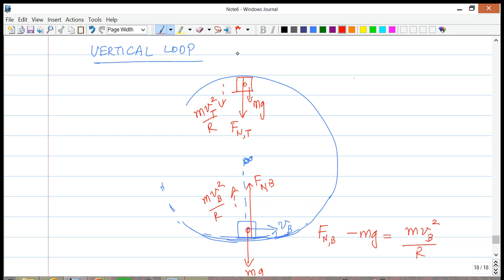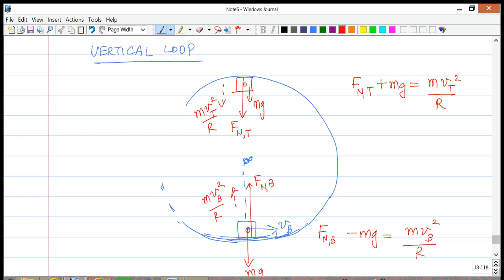This gives us Fn top plus mg equals m v top squared over r, and from here we can figure out once again the contact force at the top, or the speed at the top. This is completely analogous to the previous problem, which was a mass attached to a string moving in a vertical circle. So there's a repetition of that. The only thing is that the tension in that example is replaced by the contact force in this one.